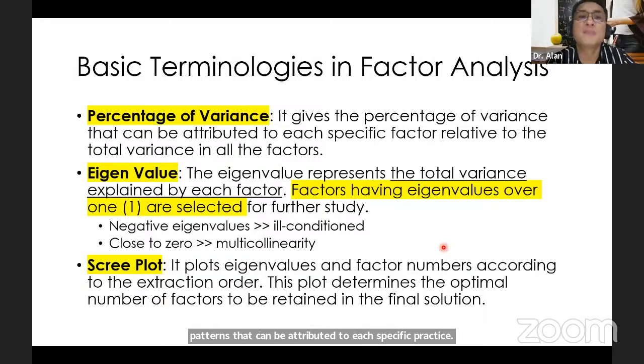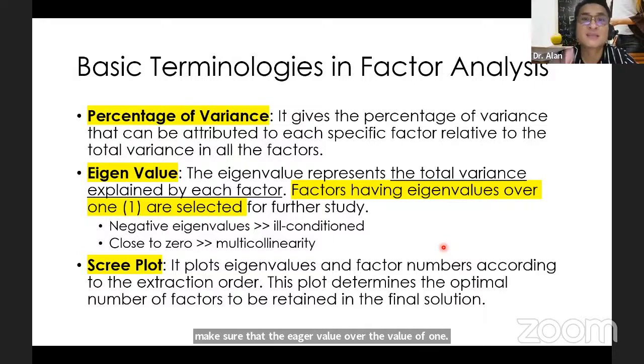Next, eigenvalue. When you do factor analysis, you will see and hear this keyword, eigenvalue. Eigenvalue represents the total variance explained by each factor. We really need to check the eigenvalue to make sure it is over the value of 1, more than 1.